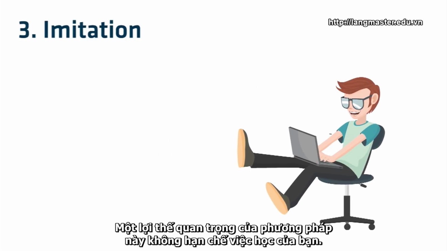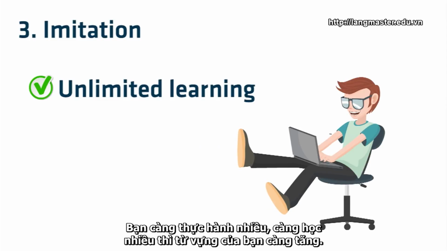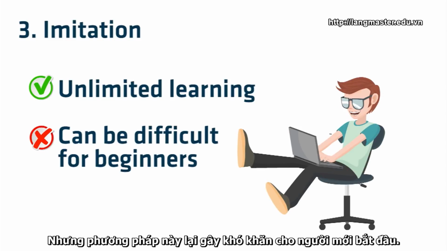A key advantage of this method is that there are virtually no limits to how much you can learn. The more you practice, the more you learn, and the larger your vocabulary. But the main problem with this method is that it can be difficult for beginners.